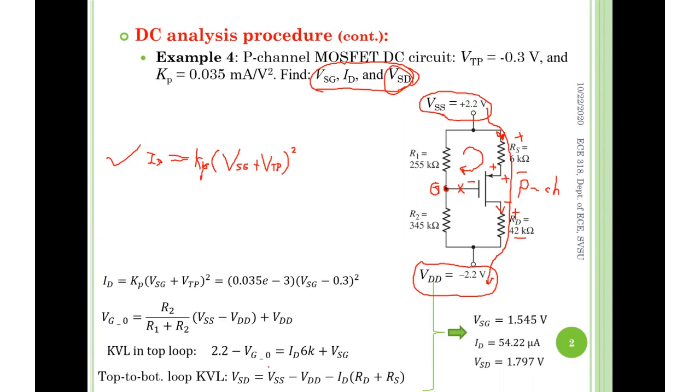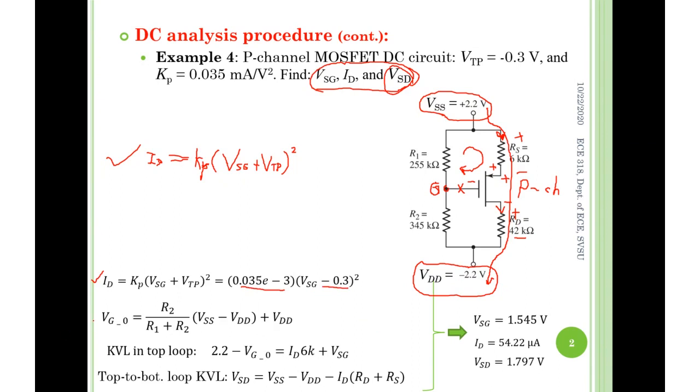And here are the calculation results. So take a look. Any questions? The first part I think is fine; it's just copying the correct KP value and the correct VTP value.